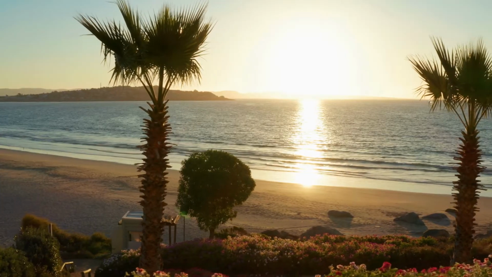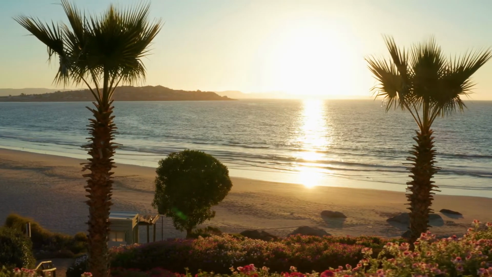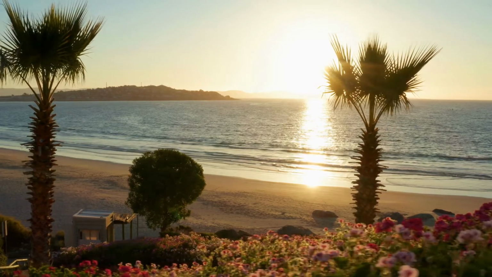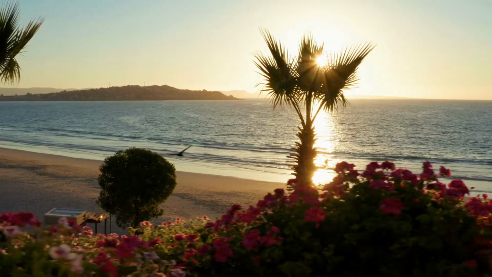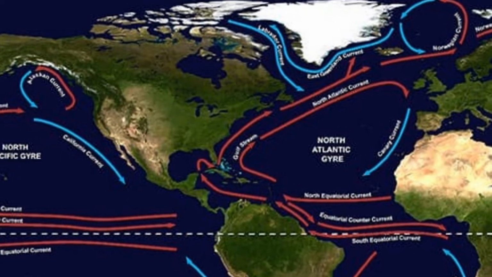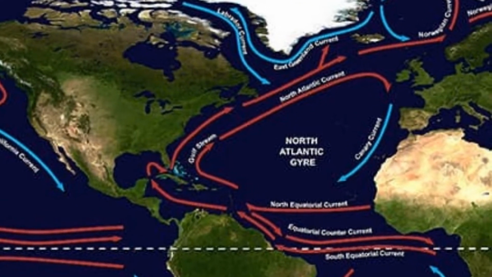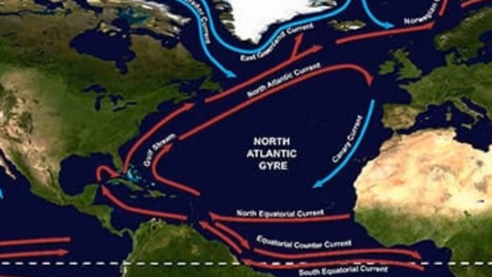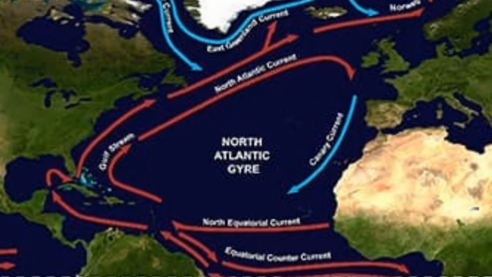Notice that the water in the ocean, because it's spinning, is creating currents. So for example, along the eastern coast of all continents, the water tends to move from the equator up towards the poles.